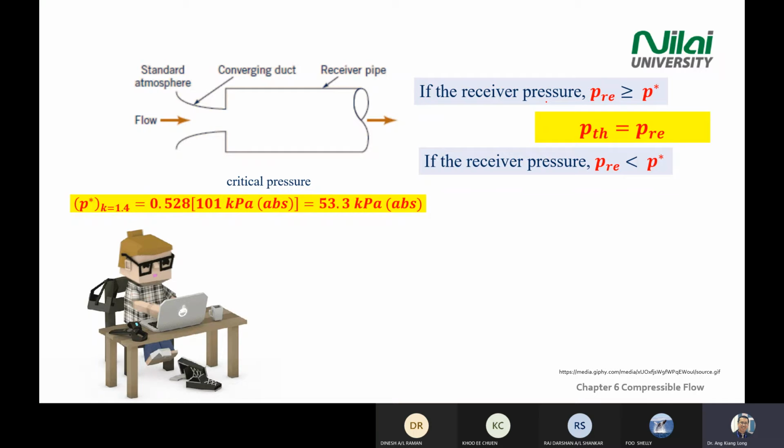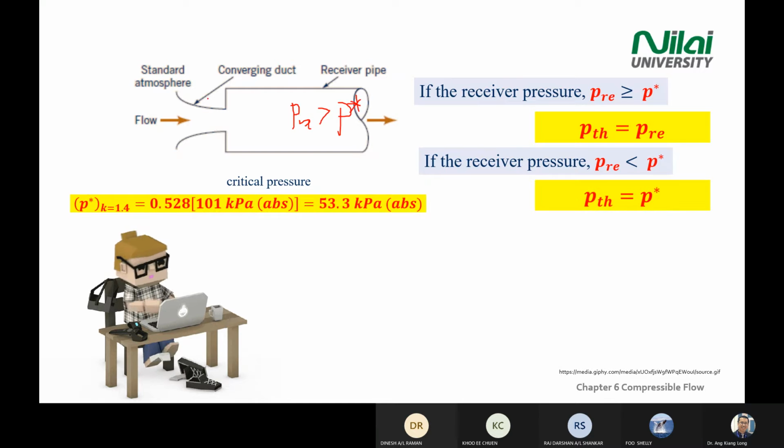What happens if you have another scenario where the pressure inside the receiver is less than your critical pressure? Then your pressure at the throat here will equal your critical pressure.